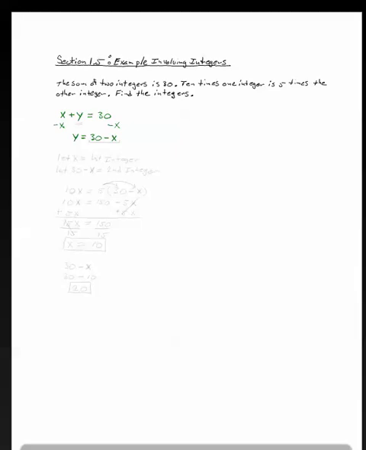Well, what this is telling me is that if one of my integers is x, then my other integer y is really just 30 minus x. So now I can create my let statements. Let x equal the first integer, and let 30 minus x equal the second integer.